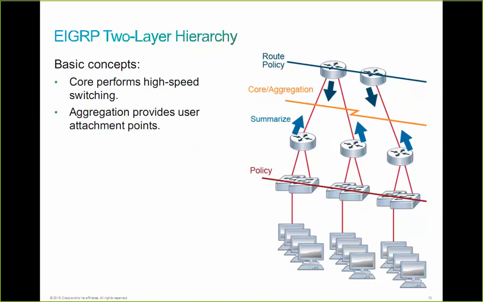The core routers themselves, they should probably summarize routing information towards the aggregation layer, right? So just like you would expect to see in OSPF design, you would have routes being summarized from the backbone into the non-backbone areas, but you'd also have routes being summarized from the non-backbone areas into the backbone area. Same concept here, right?